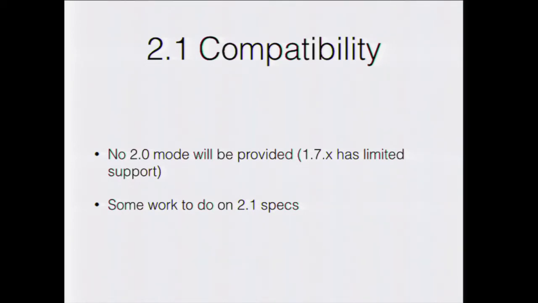There is limited support on the 1.7 branch, as I mentioned before, but we're not going to work on that because 1.7 at this point is just maintenance now. Okay? And the 2.1 specs are still incomplete, and if you're willing to help, you're more than welcome to join the effort.